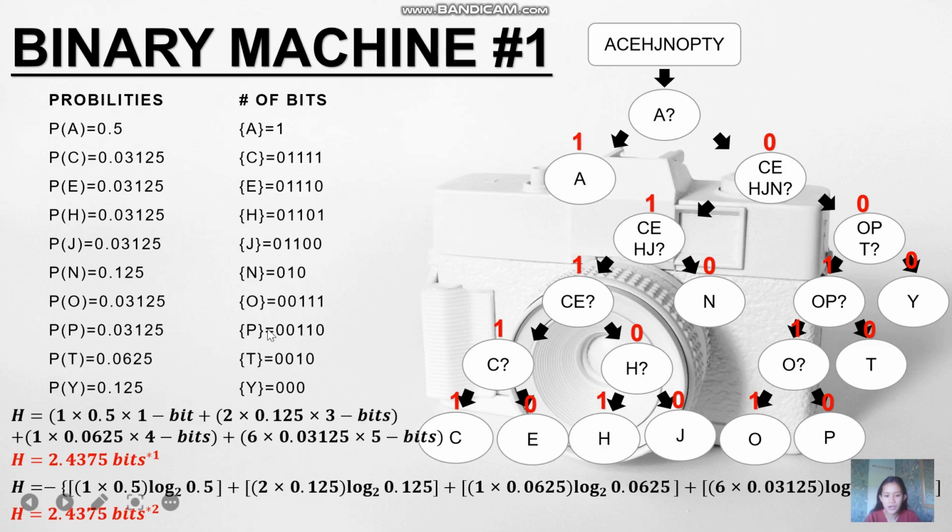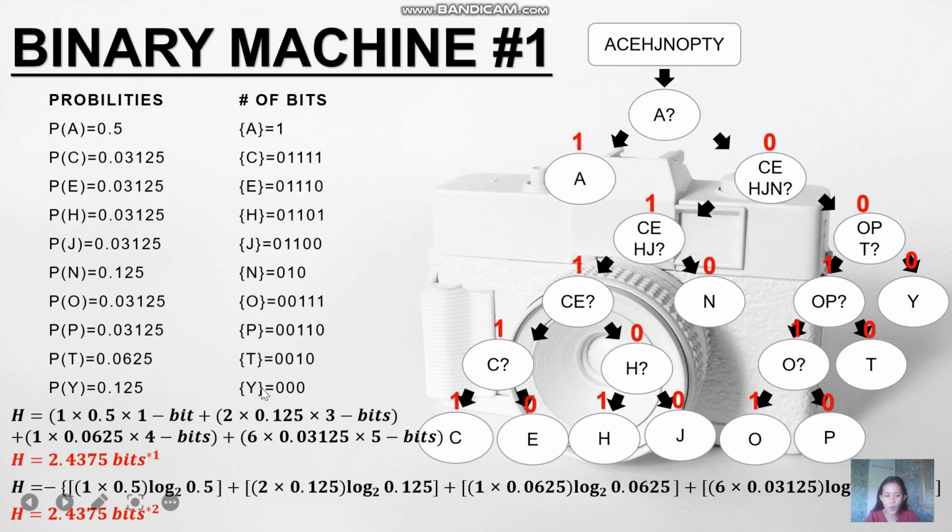For the letter P, we do have 0, 0, and then 1, 1, and then 0, still 5, so the probability is 0.03125. Letter T, we have 0, 0, and then 1, and then 0, so there are a total of 4 bits. So 2 raised to negative 4 is 0.0625.